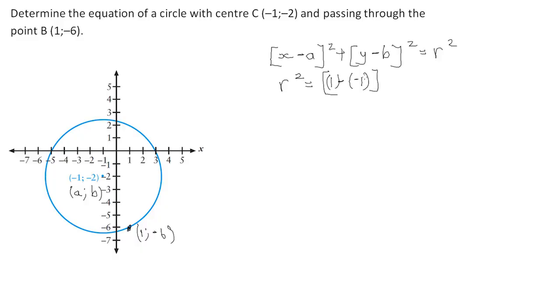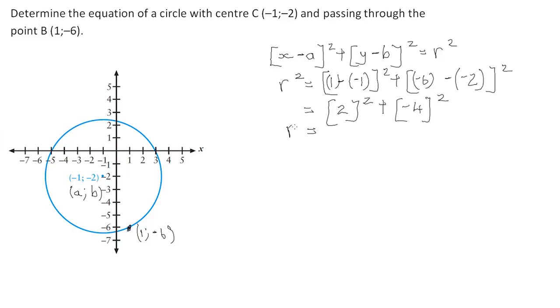Be careful when we substitute, plus our y value here will be -6 minus our b value, which will be (-2) squared. Now a minus and a minus gives you a plus, so it's 1 plus 1, it's 2 squared, plus a minus 6 and a plus 2 gives you minus 4 squared. And if we use your calculator, r squared will therefore be equal to 20.